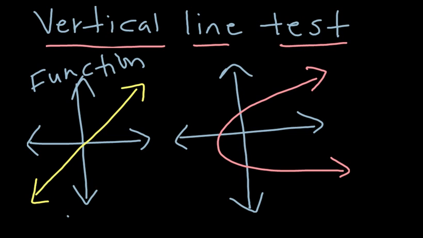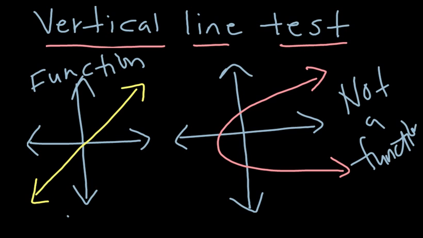That means it's not a function. To be a function, you can only touch 1 point with any vertical line. If you touch 2 points with any vertical line, you're not a function. So this one is not a function. The vertical line test is really easy and simple when you have a graph.